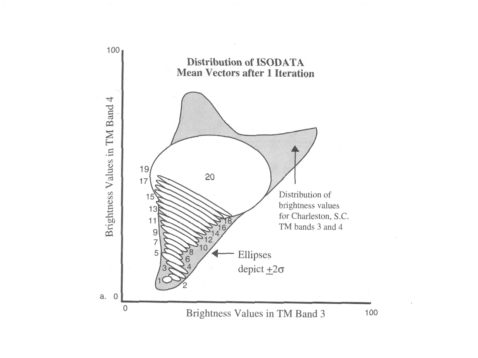And this is an example of what you would get if you started not with 5 classes, but 20 classes. And again, there's the distribution of brightness values. Say 95% of all the pixels fall within that brown or grayish polygon. And here we've set up a series of initial guesses for the position and variability of each of the classes.